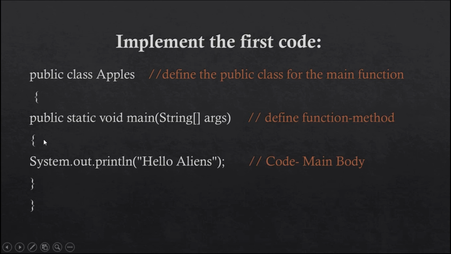We open the brackets, and in order to print anything on the window, we need to use this particular line, System.out.println. This is what we want to print: Hello aliens. We close the parenthesis, add a semicolon, and that's pretty much it. This is the basic code we have written here.